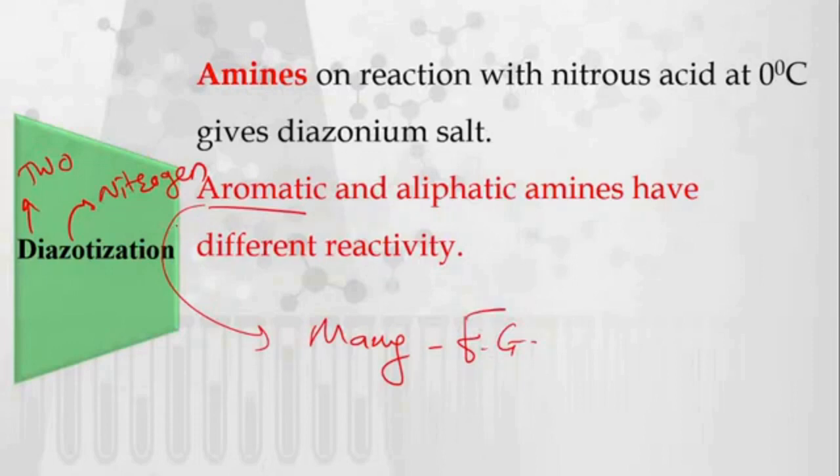We will see this one by one. So what is this nitrous acid? How is this nitrous acid formed? In different reactions or books, nitrous acid is given, or sodium nitrite is given. How nitrous acid is formed, we will see first.